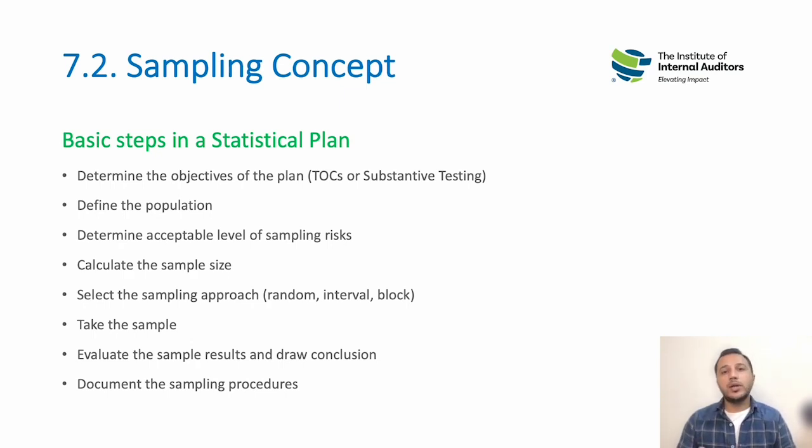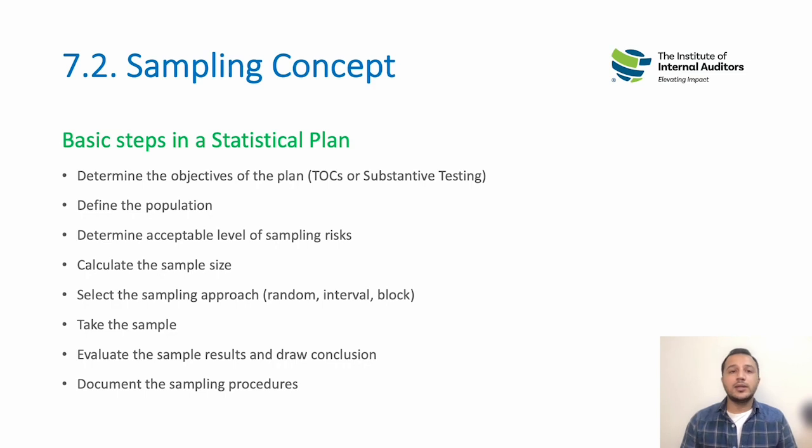Then, based on those variables, we decide how big or small a sample size we have to take. Once that is done, we select what sampling approach we can take.